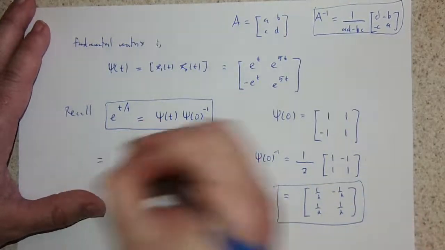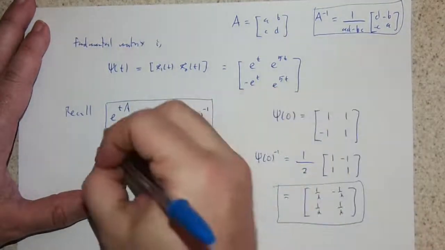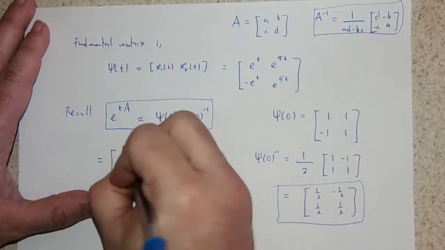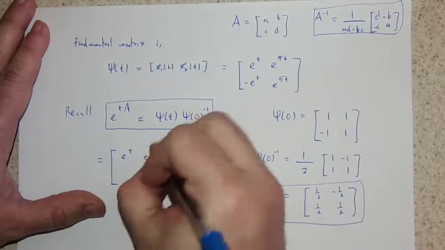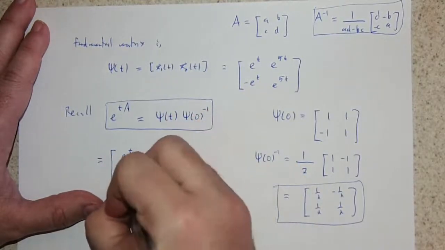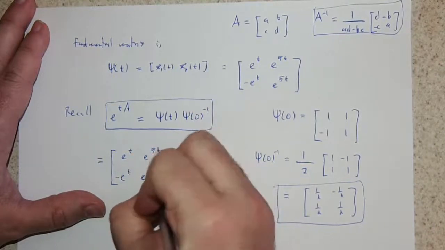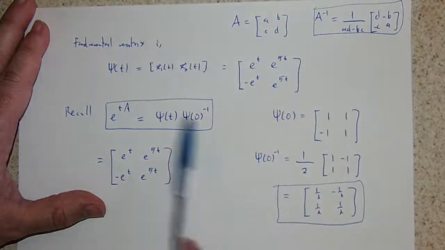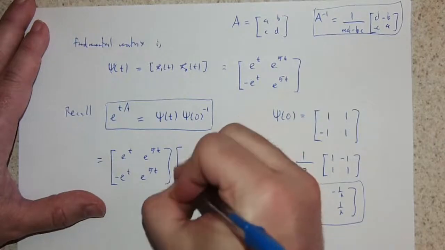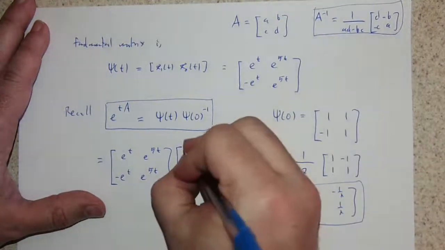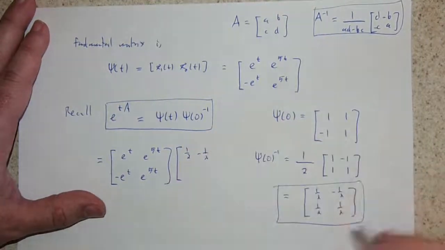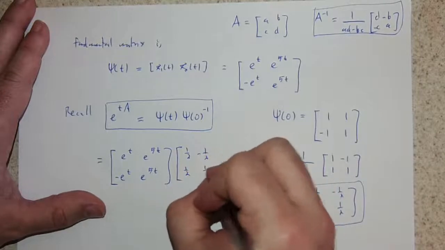So this matrix exponential is C of t, which we found to be, reading row-wise, e to the t, e to the 5t, minus e to the t, e to the 5t. This is times C of 0 inverse, which we computed to be [1/2, -1/2; 1/2, 1/2].